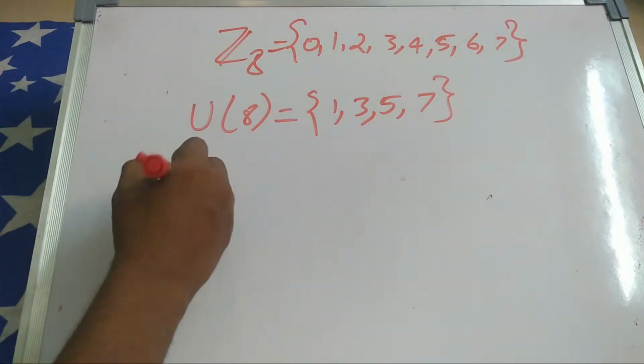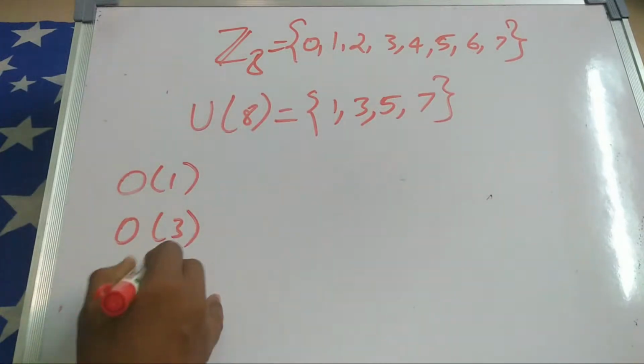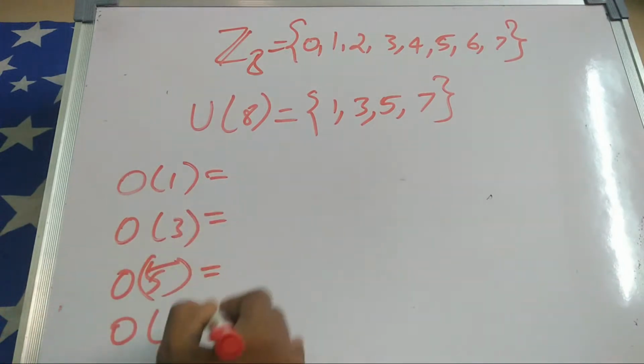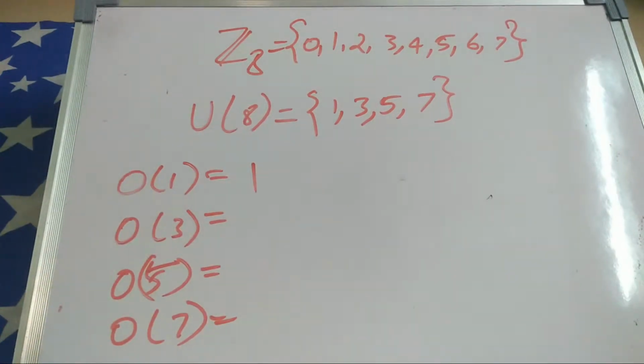Now find the order of 1, order of 3, order of 5, order of 7. This is 1 obviously. So try to find order of 3, 5 and 7.